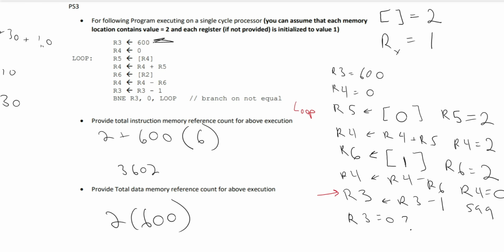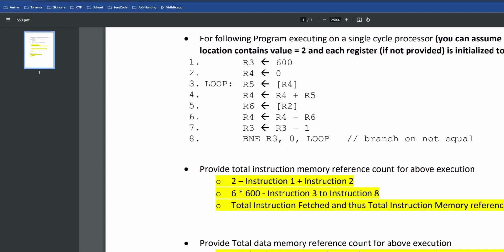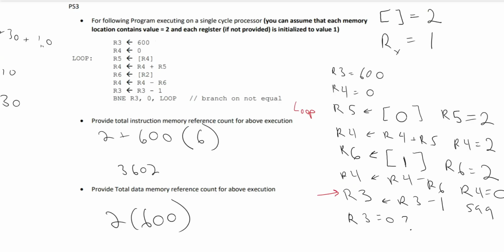Like every line is one cycle in the processor, and those cycles are made up of the stages, right? So I think it still should be 2 plus 600 times 6, right? Is that right? Yeah, okay.